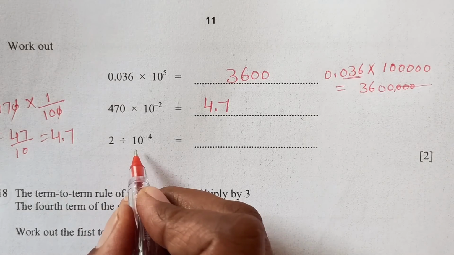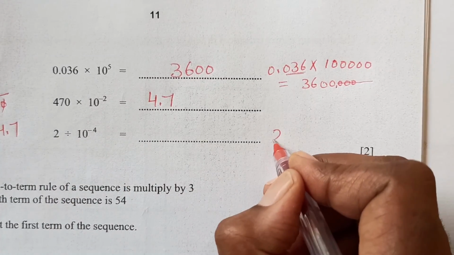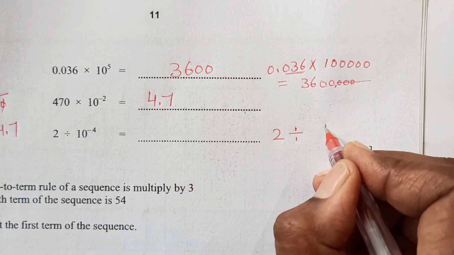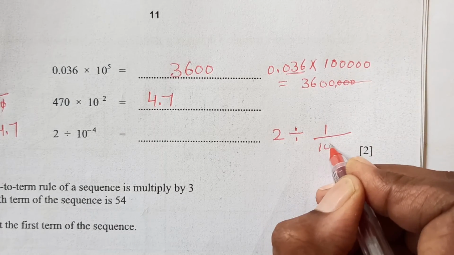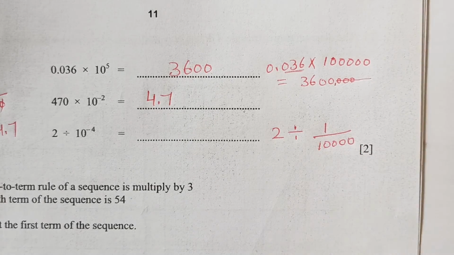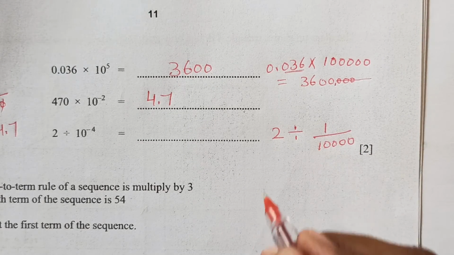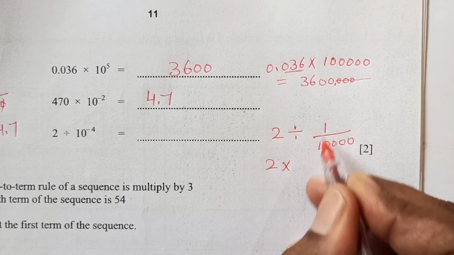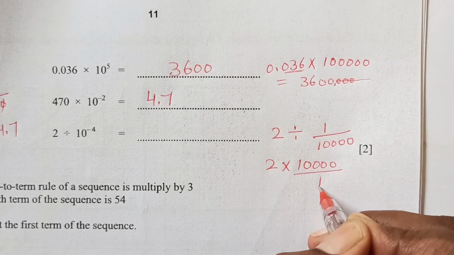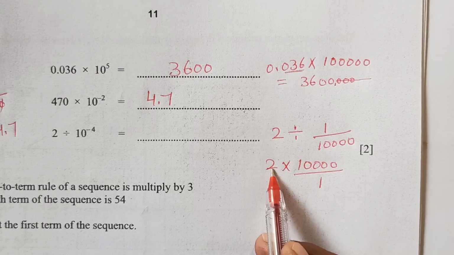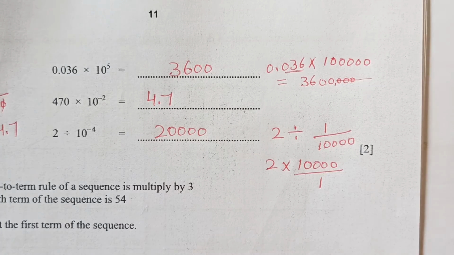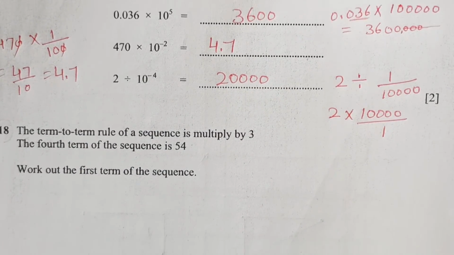Now 2 divided by 10 raised to power minus 4. So 10 raised to power minus 4 can be written like this, 1 with 4 zeros. So 2 times, take the reciprocal of this, 10000 over 1, right? So now you multiply and this will become 20,000. So that's the answer, right?